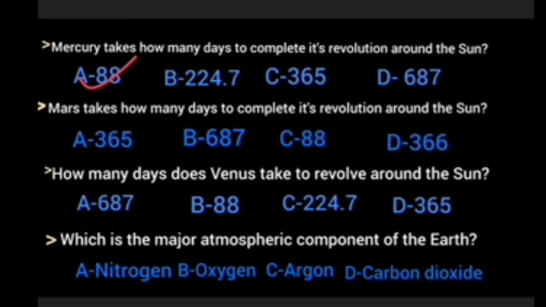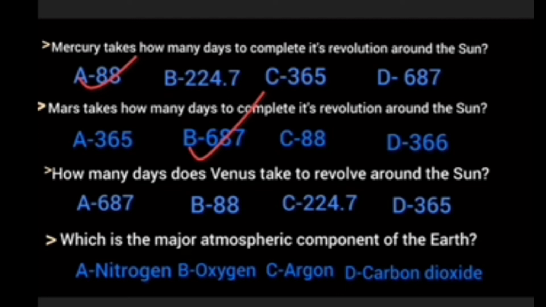Answer A. Mars takes how many days to complete its revolution around the sun? A. 365 days, B. 687 days, C. 880 days, D. 366 days. Answer B. 687 days.